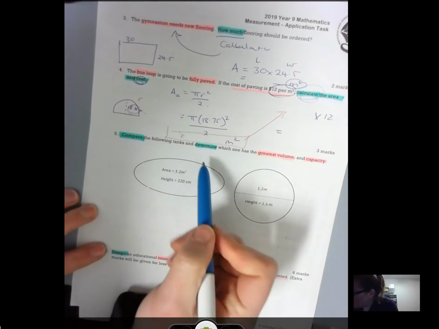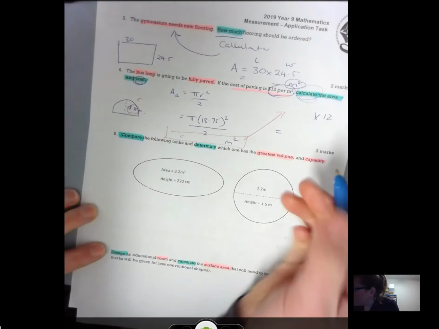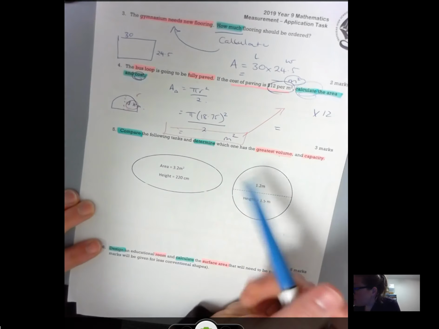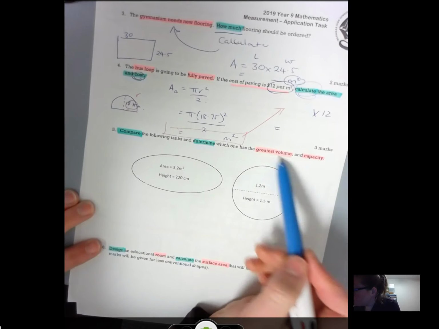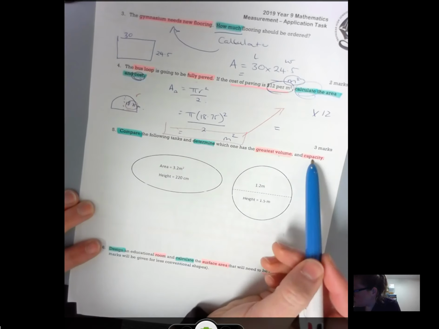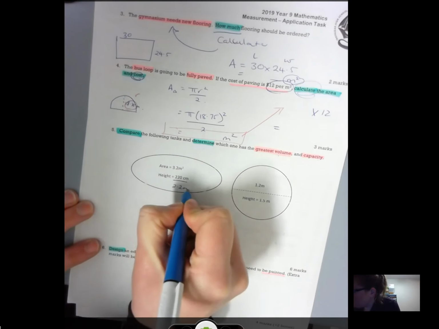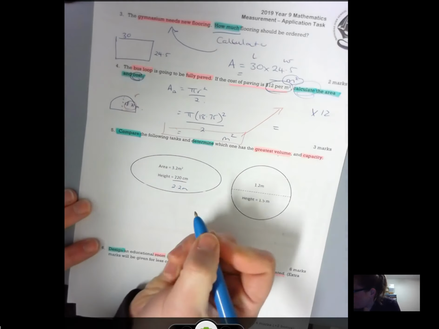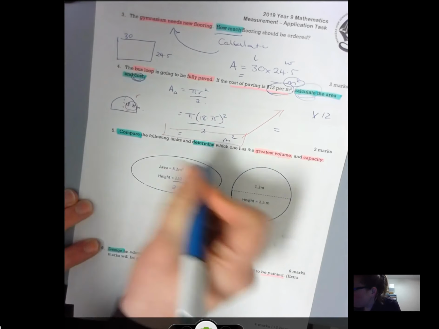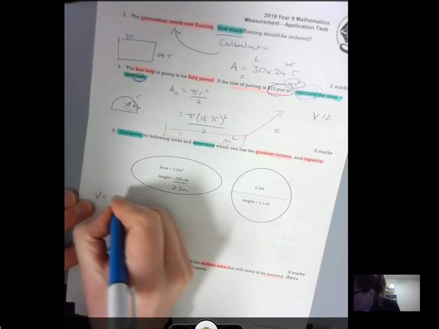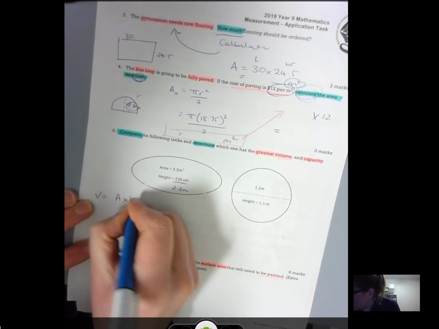For the next one, you needed to compare the following tanks and determine which one has the greatest volume and capacity. Now, a number of people forgot that we needed to convert between volume and capacity. The other thing people forgot here, we needed to transfer that into meters, and then to find the volume of an unusual shape, it is the area times the height.